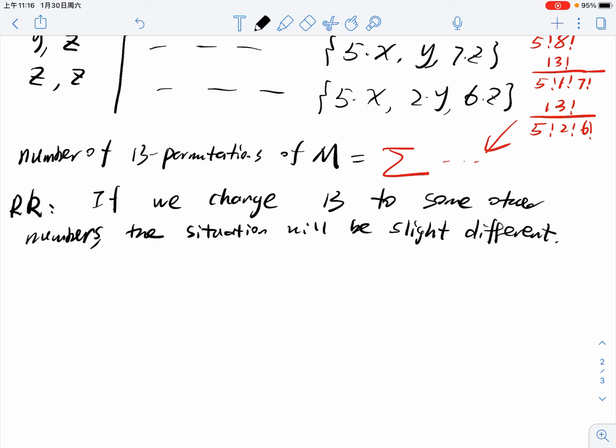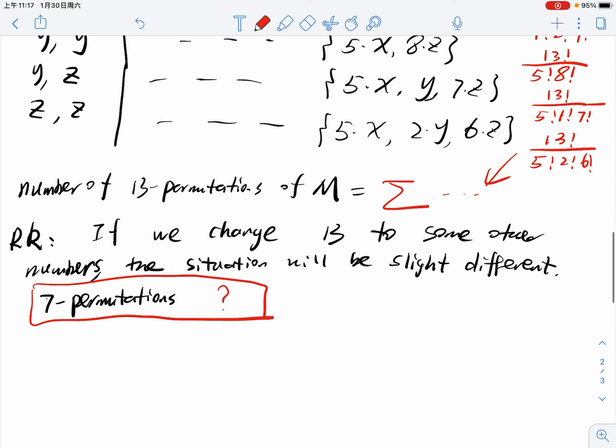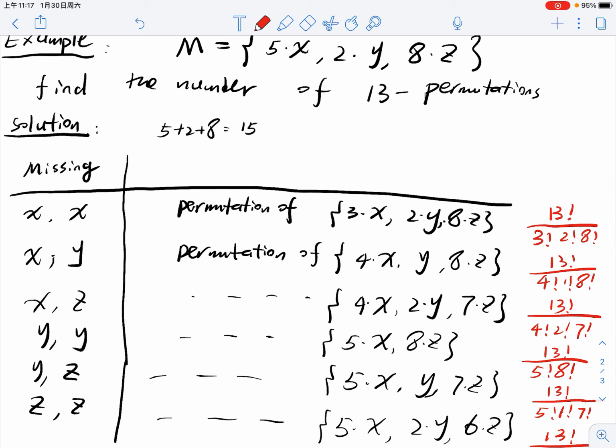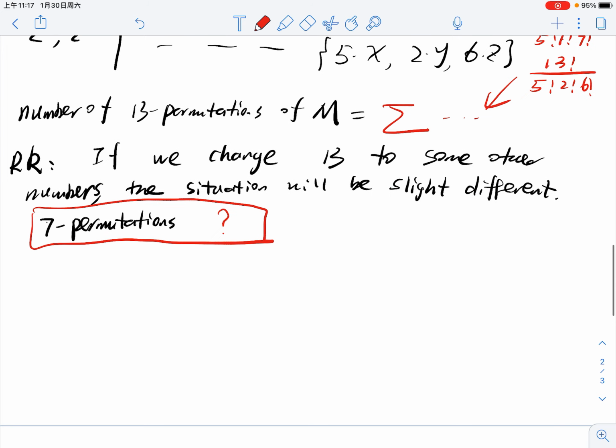For example, let's think about 7-permutations. Then the problem will be quite difficult, because no matter how you choose, either dropping 8 elements or choosing 7 elements, it's very hard to actually enumerate all the cases. So in that case, it's better to use a computer or do some coding.